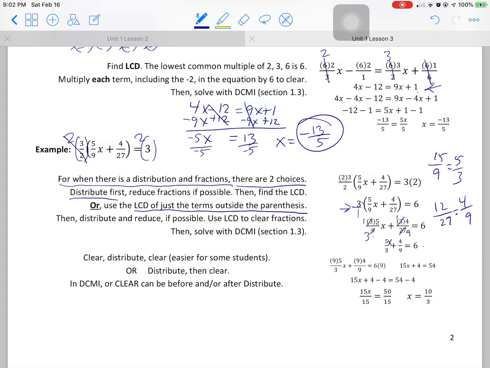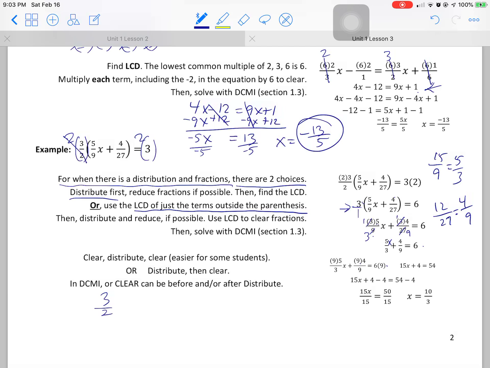Still, I need common denominators, so I'd have to do it again. That's the problem with not clearing all of them at one time. Now I have to clear them again, which is a 9, so I'm multiplying this by 9, this by 9, and this by 9. Let's go back and do it the other way just to make sure we like it that way.